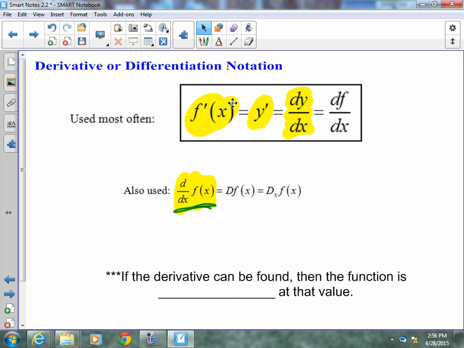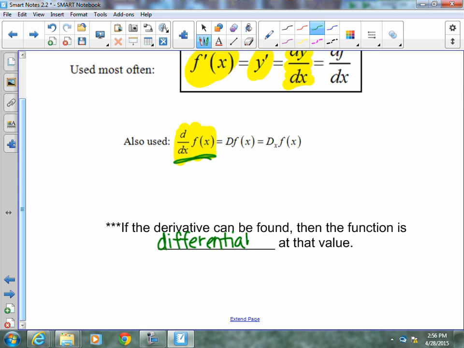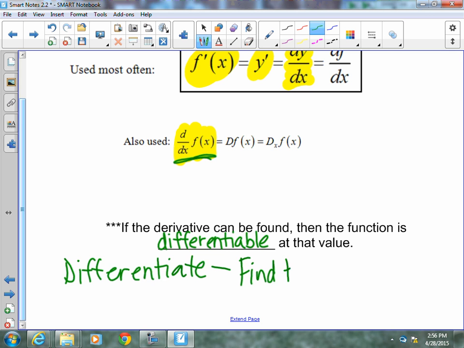So if the derivative can be found, then the function is considered differentiable at that point. So if directions say differentiate, that means find the derivative.